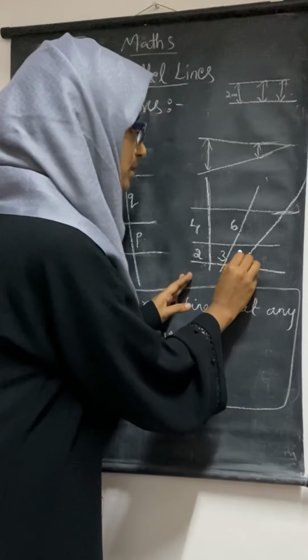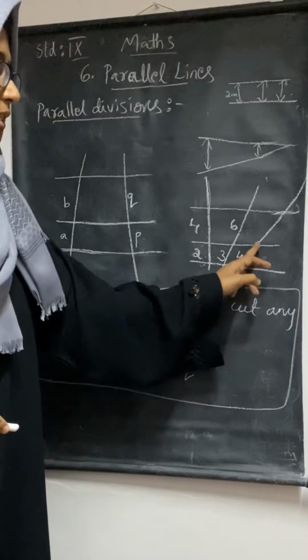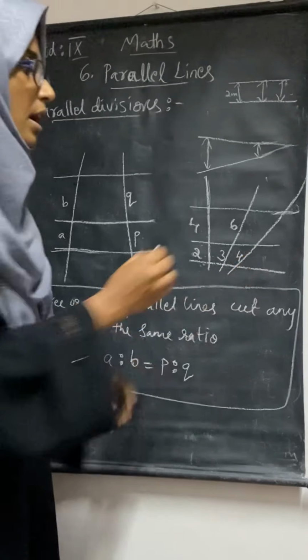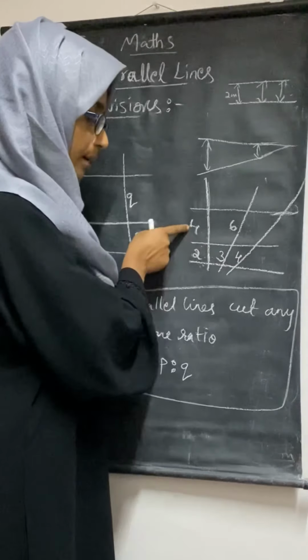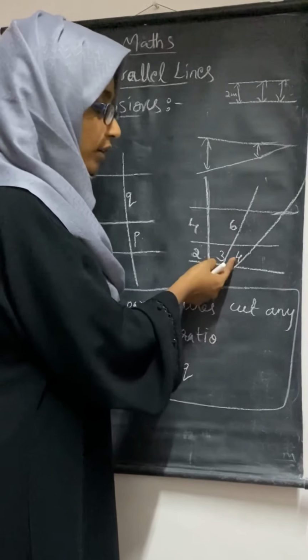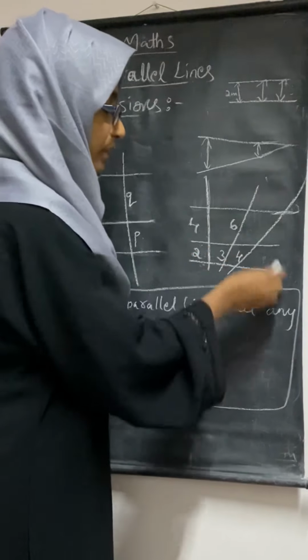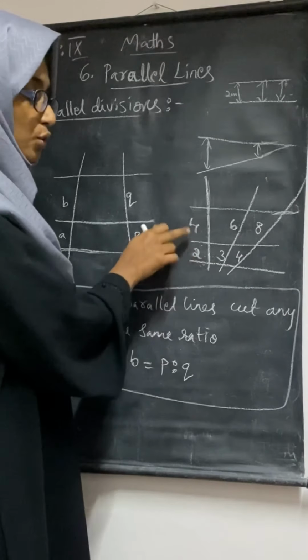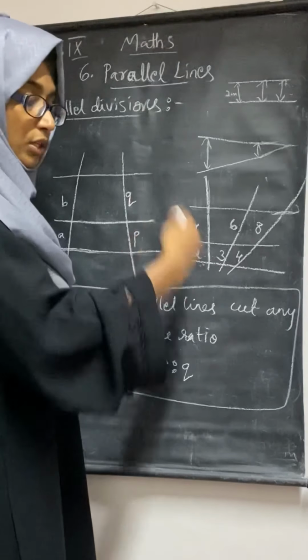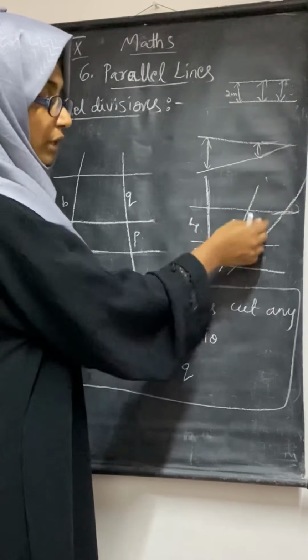For example, if this distance between these two lines is 4, you can understand now: 2 becomes 4, double; 3 becomes 6. Now, if this is 4, what will this one be? It will be 8. You understood the ratio, 1:2. 2:4 can be changed into 1:2, so everywhere you will get 1:2.